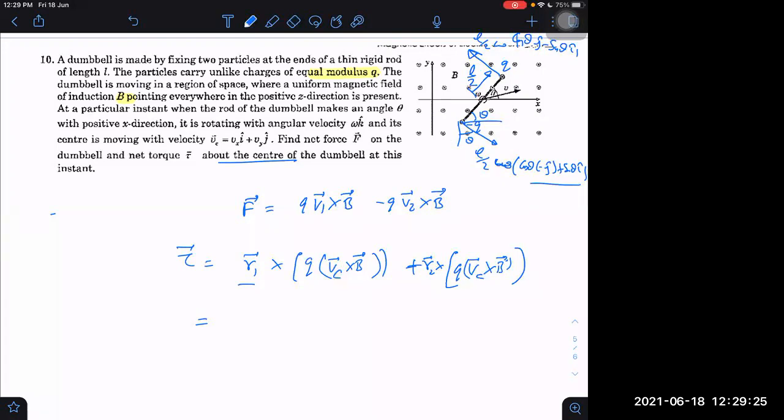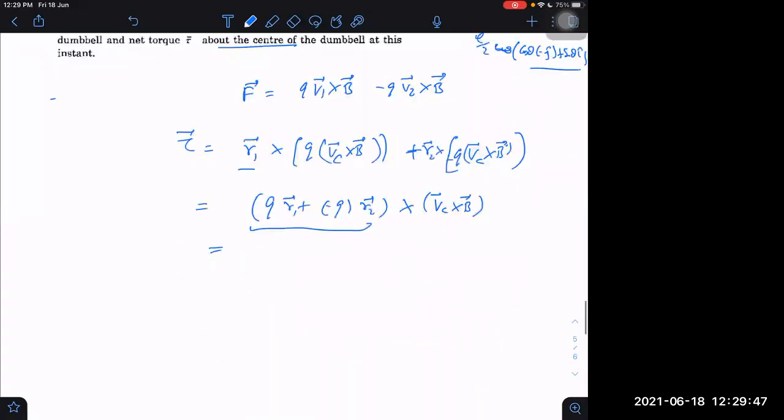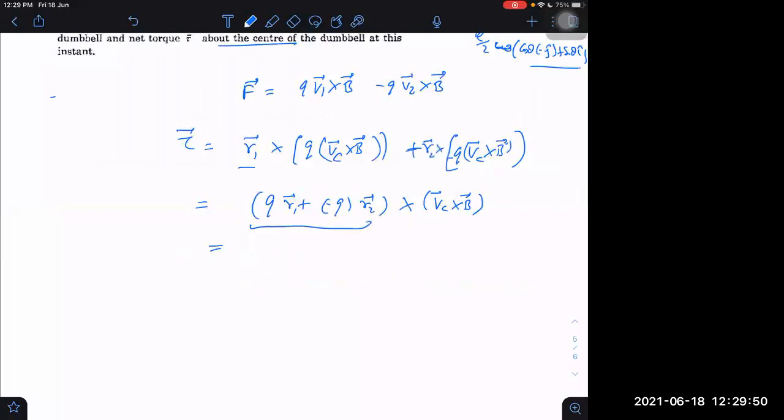Then I'm getting so easily Q into R1 minus Q into R2 cross VC cross B, which is nothing but the net dipole moment. You know, sigma QI RI is the net dipole moment. It is dipole moment cross VC cross B, that is the torque. Very simple result at last.